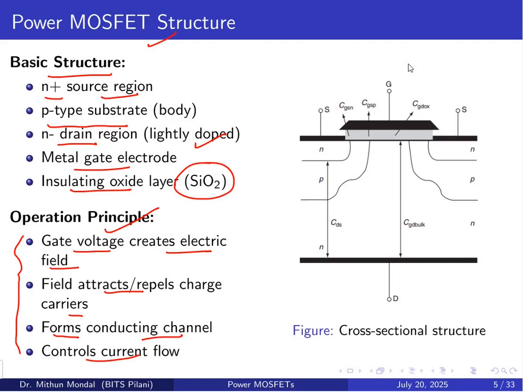Here you have the cross-sectional structure. You can see the gate, drain and source, three terminals. Here you have the N-type, P-type and N-type material, and you have all the capacitances which form because of the insulating material between the electrodes.